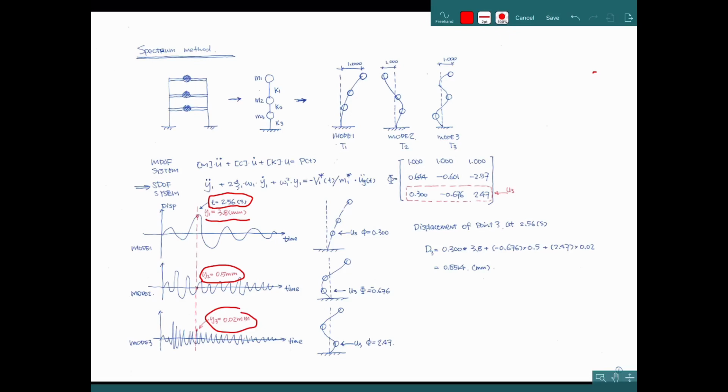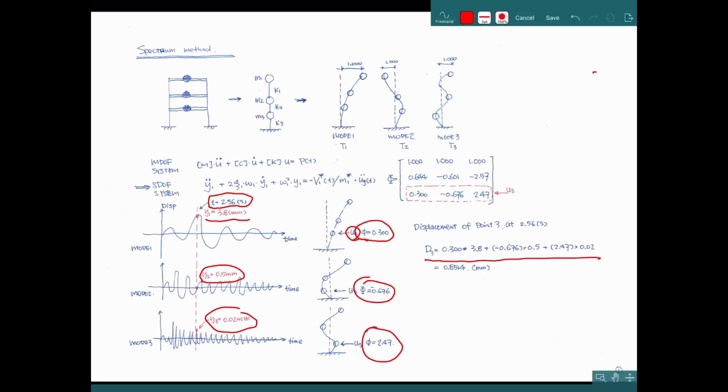And then in the mode shape, we capture the third DOF displacement. So we use the phi of the third DOF, like first mode is 0.300. This is a non-unit value. And this is the second mode and the third mode. We use the superposition equation to add up together.